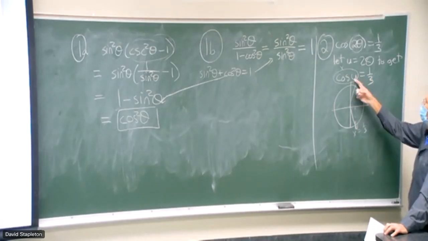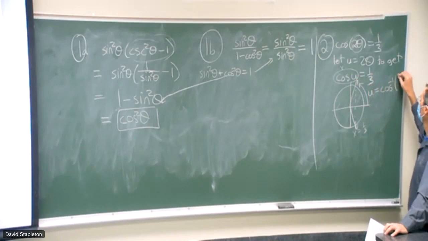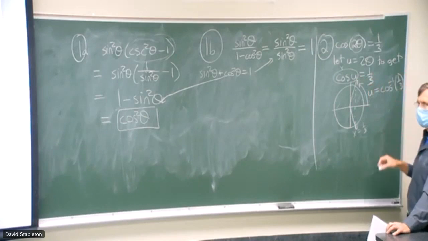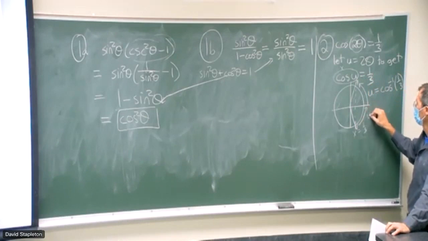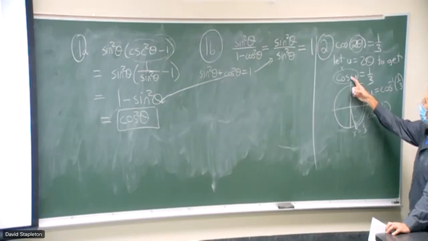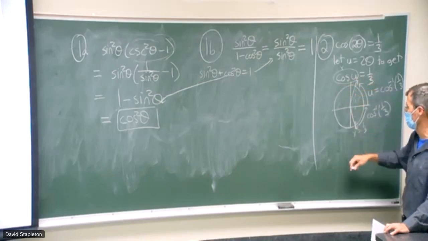I know one angle that satisfies cosine u equals 1/3. It's u equals arc cosine of 1/3. Now by symmetry, if that's arc cosine of 1/3, then so is this one. And now I see two angles between 0 and 2 pi that have cosine equal 1/3. It's arc cosine and 2 pi back up arc cosine.